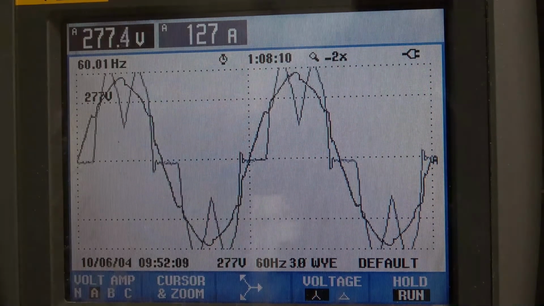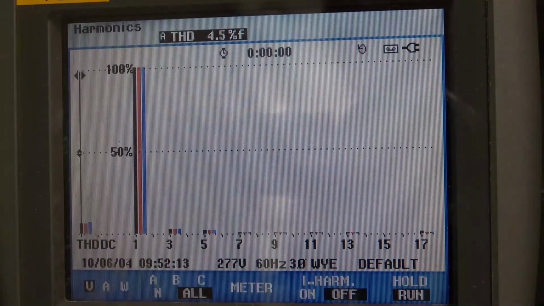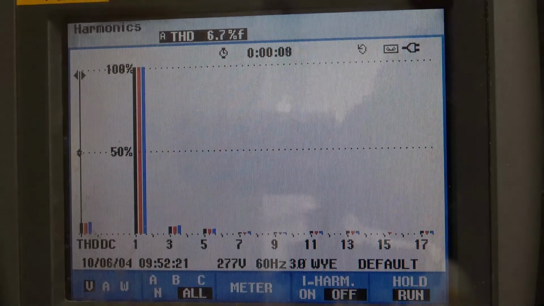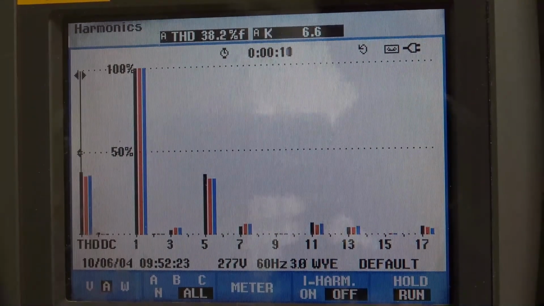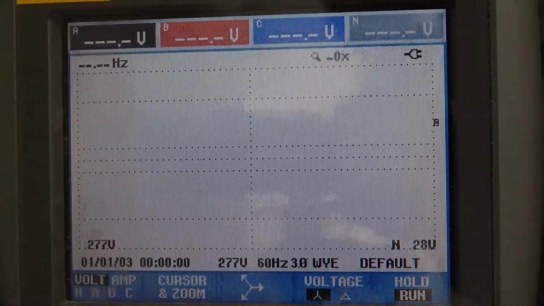Let's take a look at the THD for the voltage right now. THD for the voltage is about 5 or 6%. And for the current, we're about 38.1%.